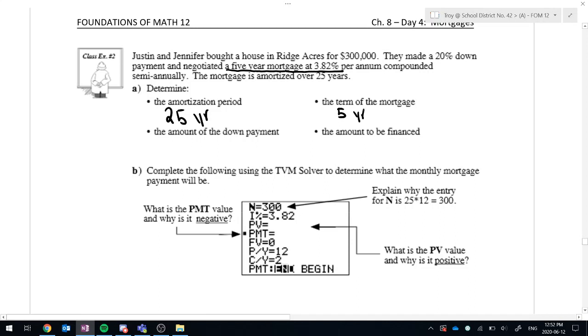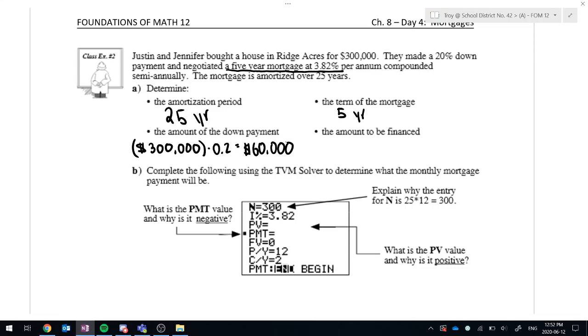The amount of the down payment, so of course it's a percentage of the total cost, so it's a $300,000 home. They paid 20%, so that's 0.2, which of course is going to give us $60,000. So they had $60,000 to initially purchase their home, and the amount to be financed, as in the amount that the interest is going to accrue on, is the remaining amount of money after their down payment.